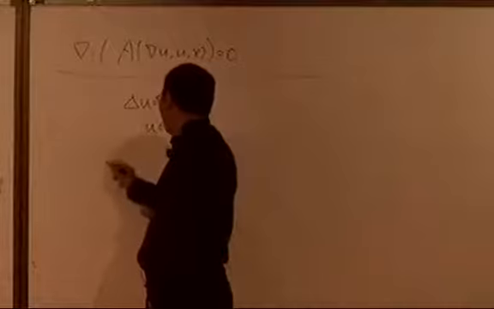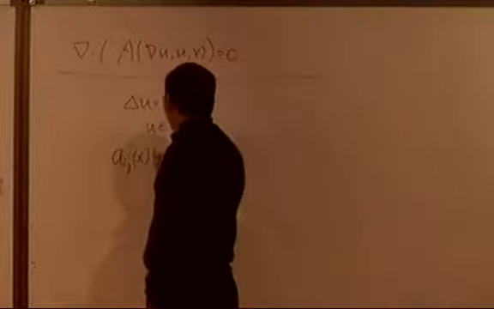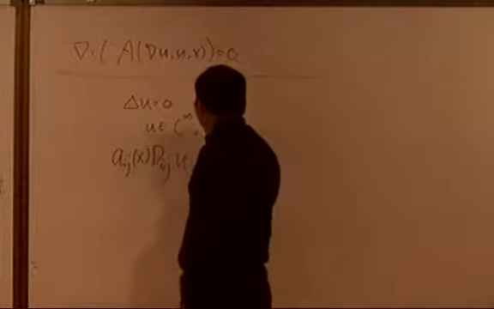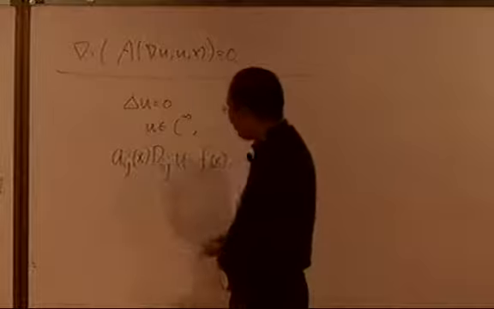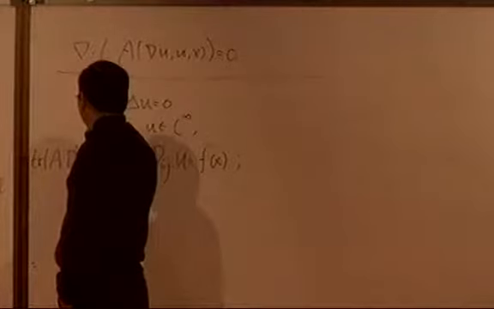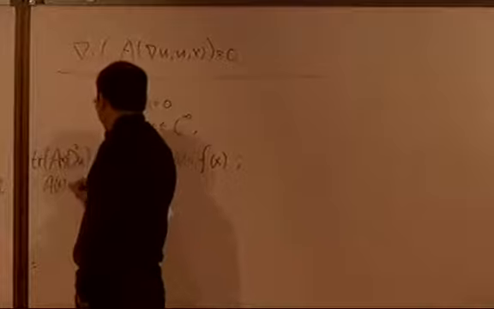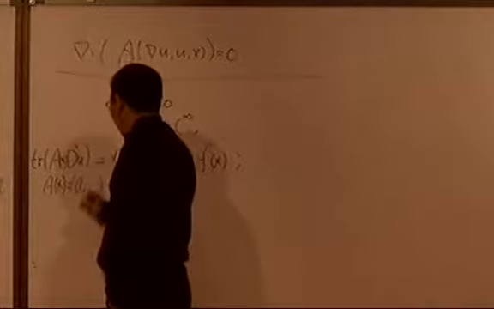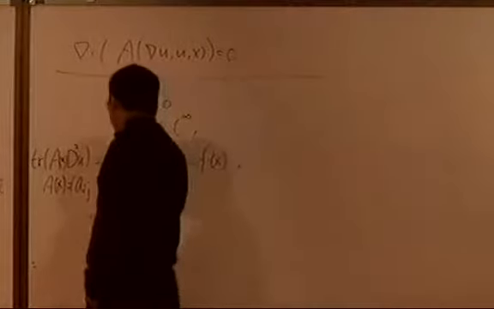For example, you may deal with this kind of linear equation, and that is a non-divergence type. Okay, and this is basically, you may look at the trace of the multiple of two matrices, A sub ij. Okay, and this is non-divergence type, or you can look at the divergence type.